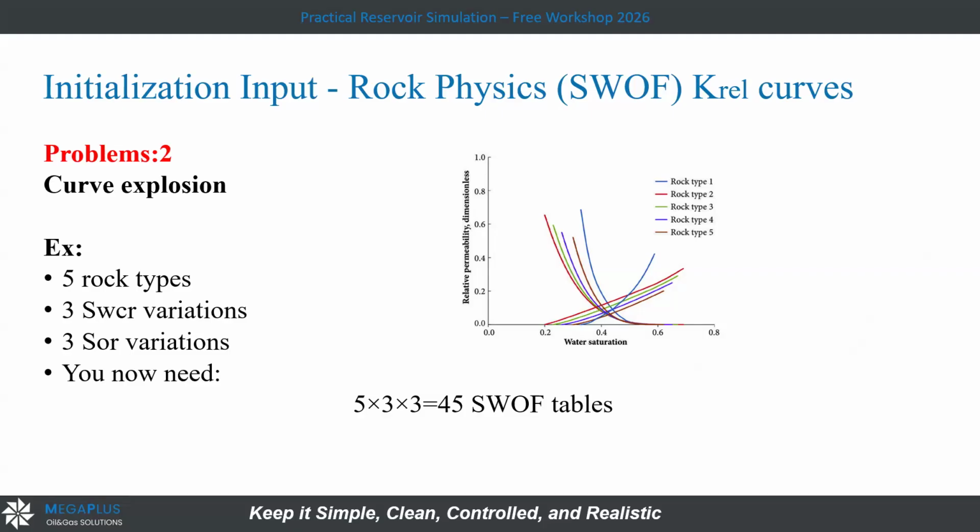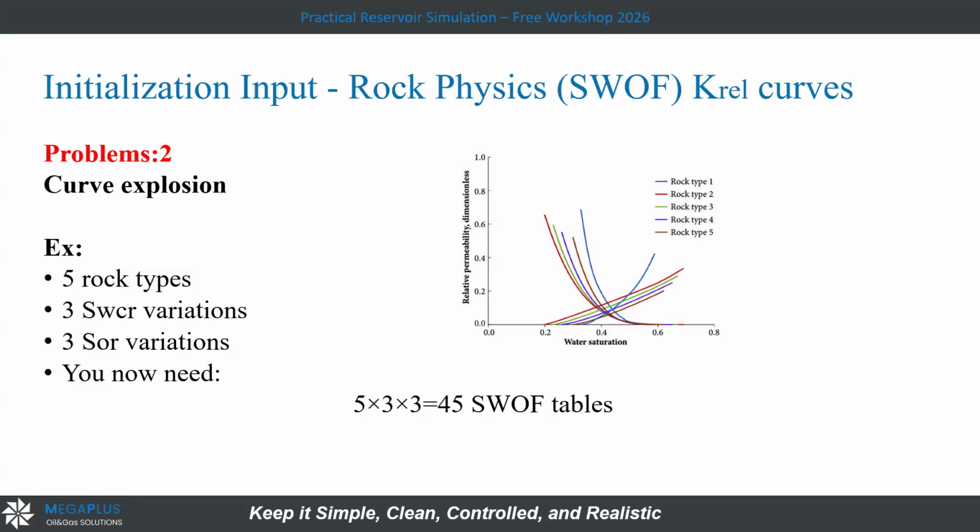It's conventional to find that I have many rock types in my field. Each rock type has its own relative permeability, depending on wettability, the pore throat, or the spaces between the grains, and all of this.